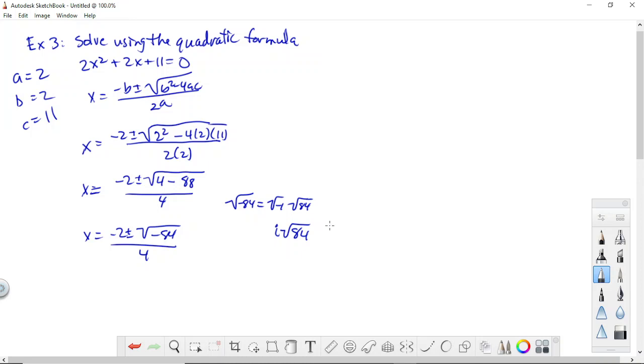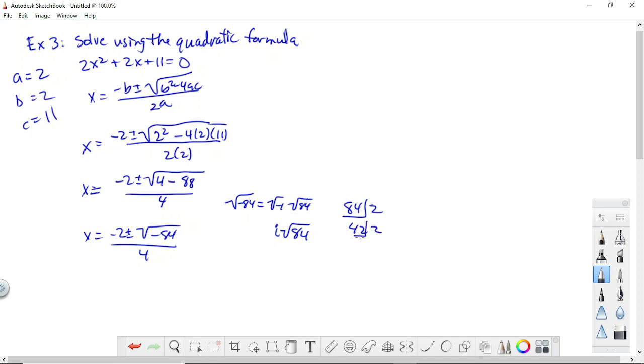But of course, we have to see, well, what about this 84? Can we simplify that with our factoring? So let's see if we do. We're going to put 2 here, and that gives us 42.